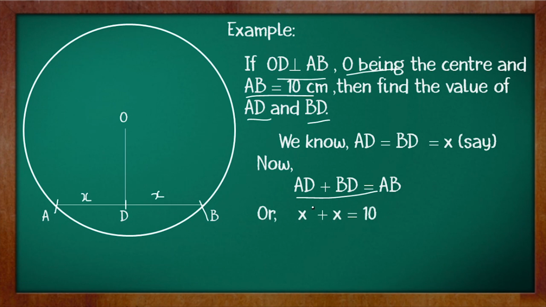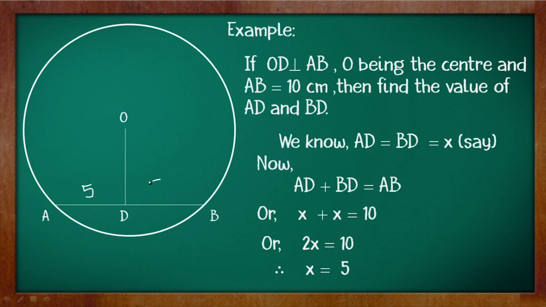AD is X and BD is also X. And what is AB? It is 10 centimeter. So X plus X is 2X, and 2 fives are 10. So we'll get X to be 5 centimeter. So what is the length of AD? It is 5. And what is the length of BD? It is also 5. So the total becomes 10 centimeter.